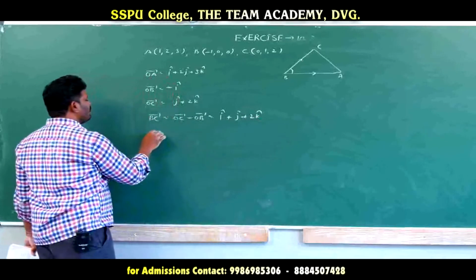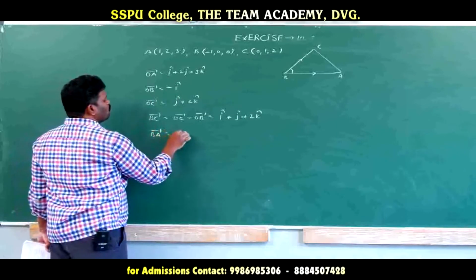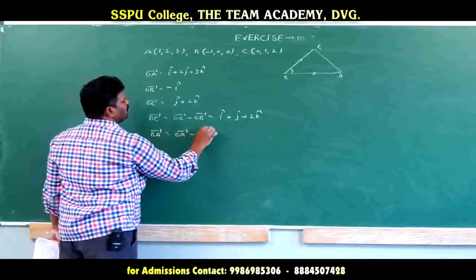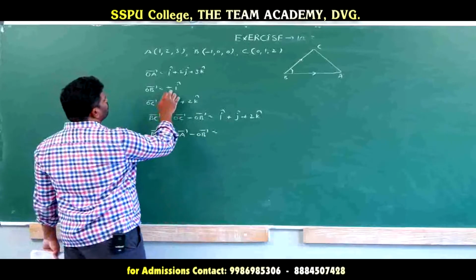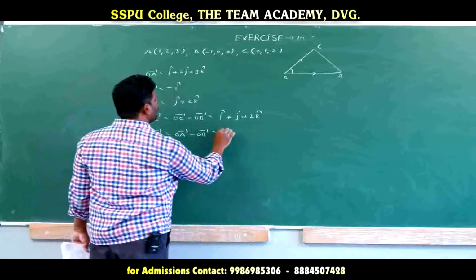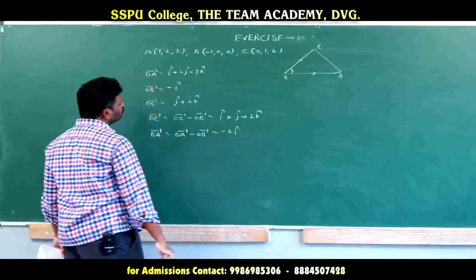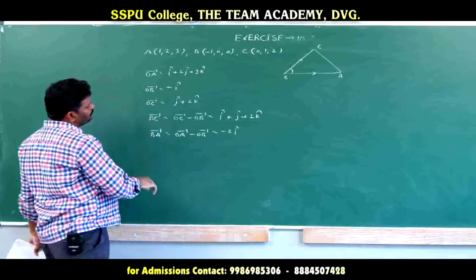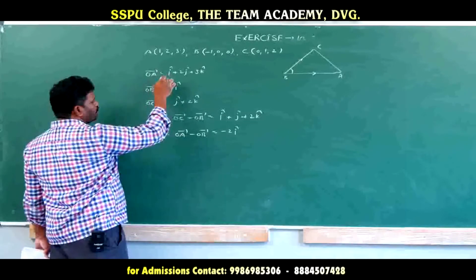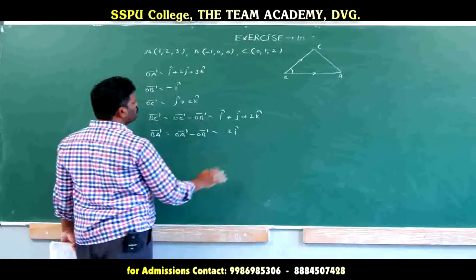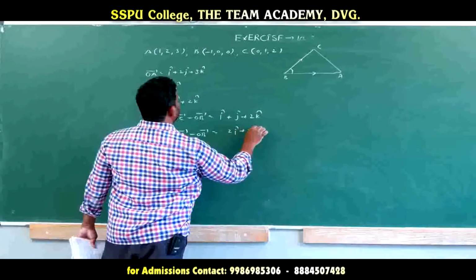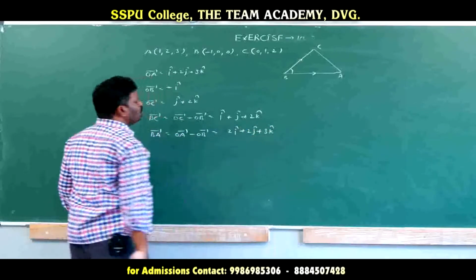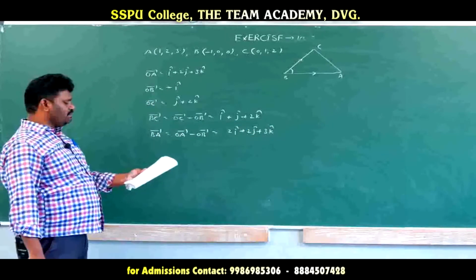Next, BA vector is OA vector minus OB vector: subtracting the B value, i minus minus i gives 2i cap, plus 2j cap, plus 3k cap. Now we find the angle between the vectors.